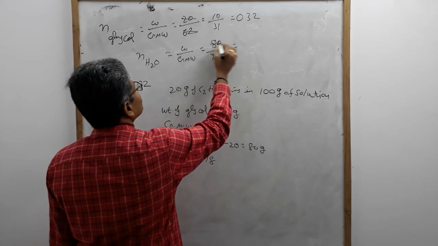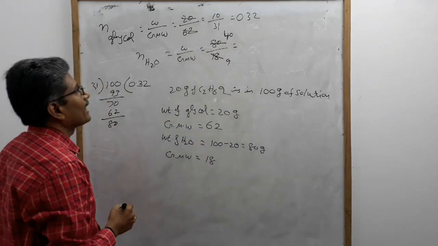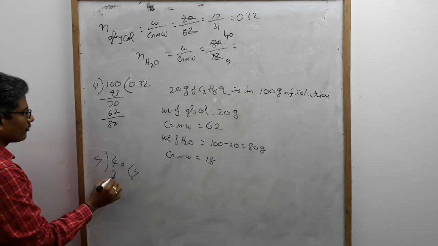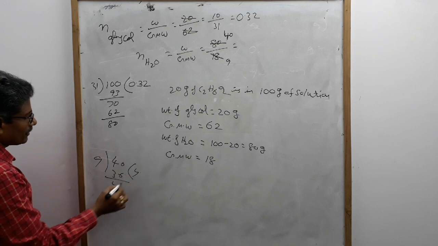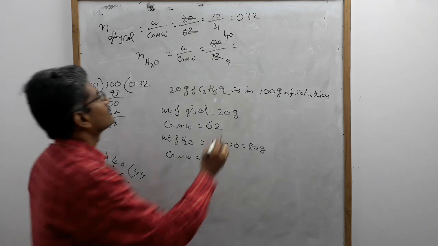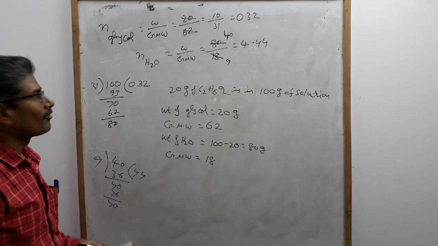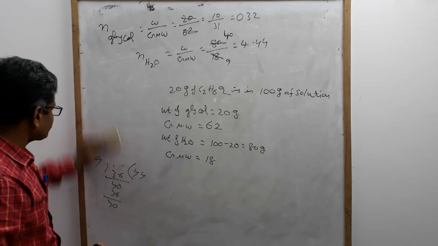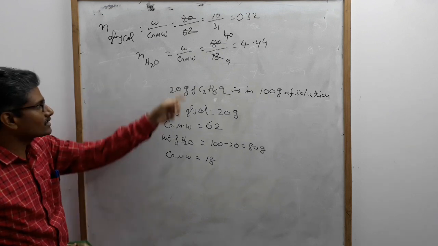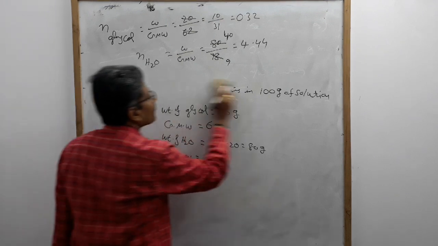That is 40 by 9. 9 fours are 36, so this is 4.44. Okay, right. Then you note this one.